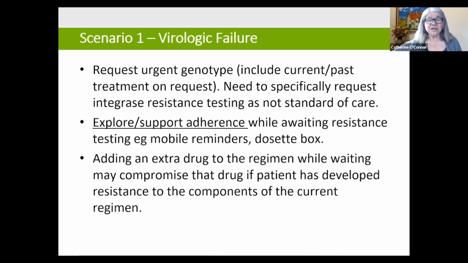So you need to think about looking at things like mobile phone reminders, dose set box. And you need to also consider whether you can have a drug regimen that you can use once a day, because that is likely to have less problems with adherence than a twice-a-day regime.